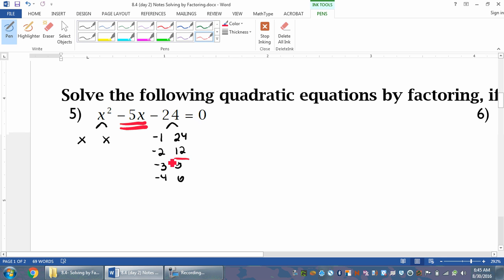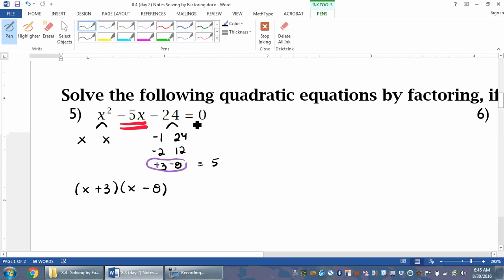If you notice, negative 3 and 8, when I add those together, I'm going to get positive 5. But that's an easy fix because I don't want positive 5, I want negative 5, so we're going to flip-flop. Then we'll do negative 8 and 3. My factors are going to be x plus 3, x minus 8.